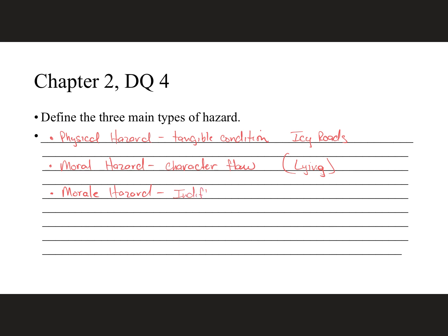Indifferent to losses based on the existence or having insurance. Make sure I give you guys the actual words. So we've got these three hazards: physical, moral, and morale.